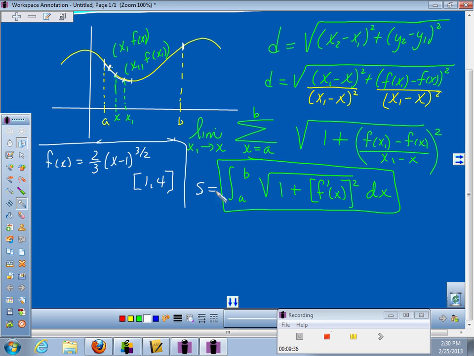Okay, before you fill in this formula, what one thing do you need to do? What do you have to know before you can fill in that formula? The derivative. So you have to remember, how do I take a derivative? It'd be a little chain rule action here. So if I take 3/2 out front times 2/3, that's 1.